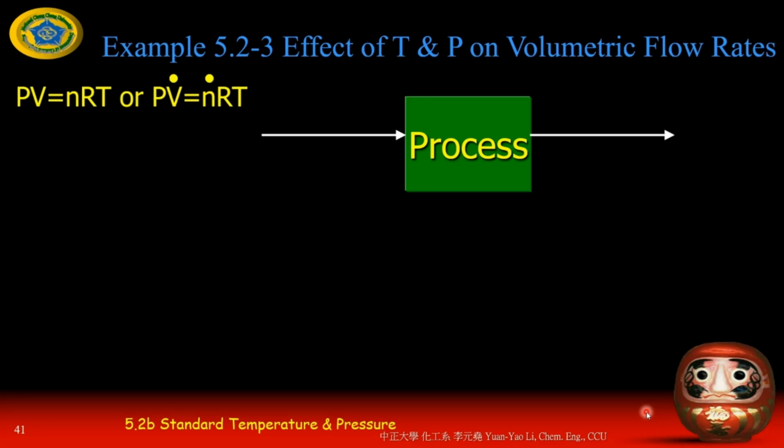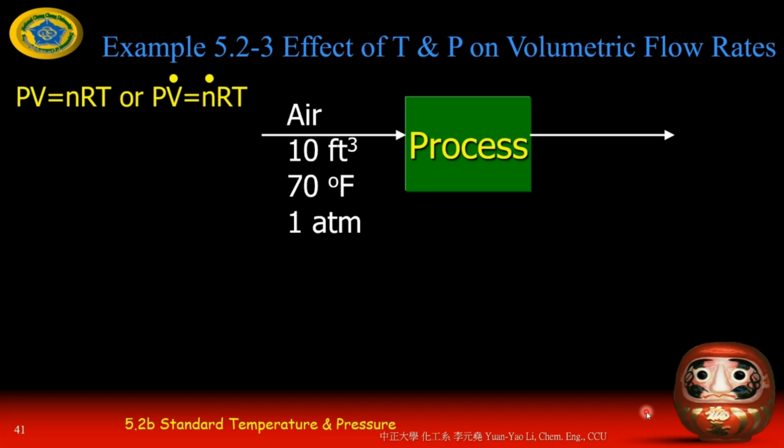So now, do I need to read this? I hope I don't need to read this. It's in the page 2-3. Okay, good. We don't need to read this. So what I want to tell you is that we have air into this process, and the volumetric flow rate is 10 cubic feet, per hour or per minute, whatever, at the condition of 70 Fahrenheit and 1 atm.